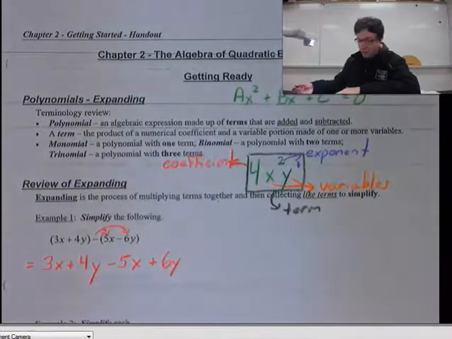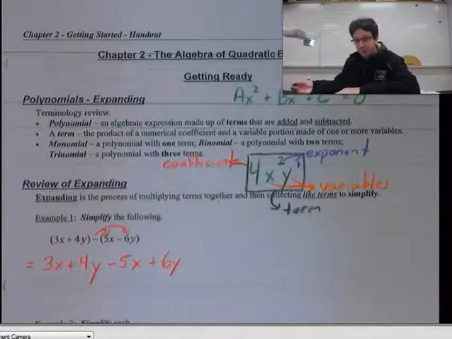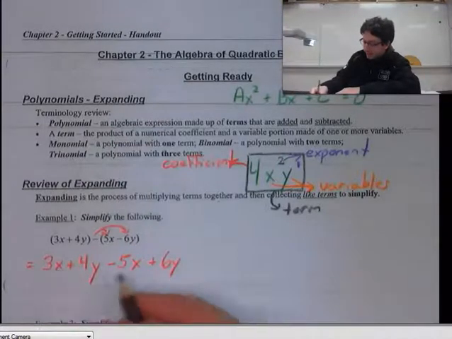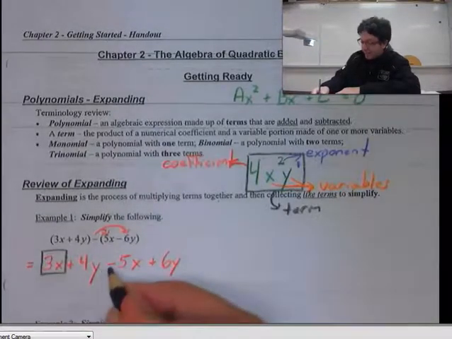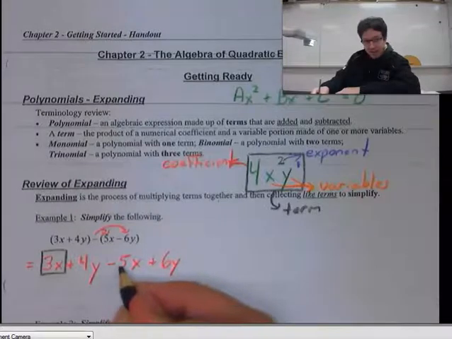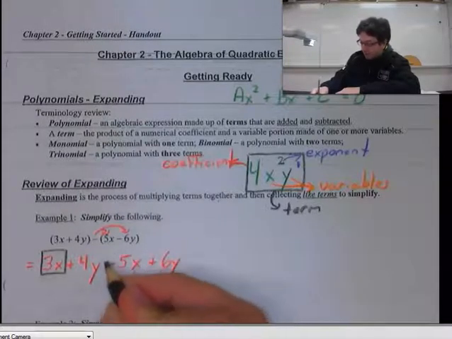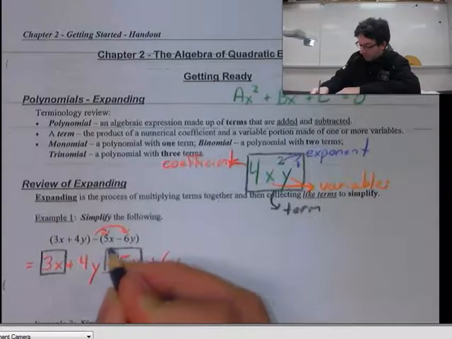Now when you're identifying like terms, you're identifying terms that have the same variable or variables with the same exponents. So in this case, x to the 1 and x to the 1, these are like terms. That negative is part of that coefficient. This coefficient is -5, so it's part of the whole term.